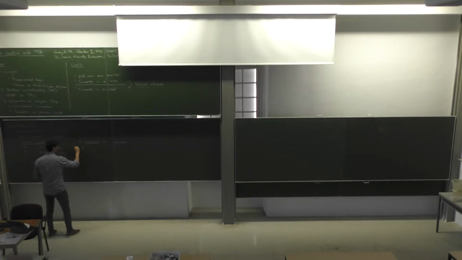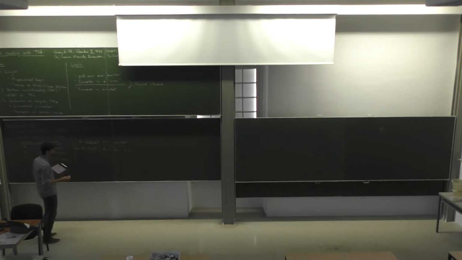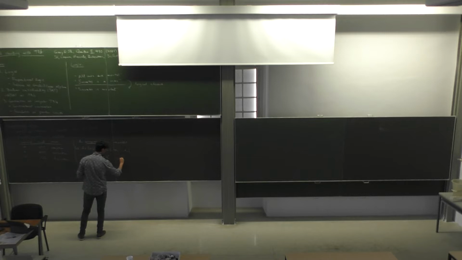So as an example, Boolean variables belonging to this set. So we write vectors like this. And it's clear that if we have n Boolean variables, we'll have 2 to the n assignments.